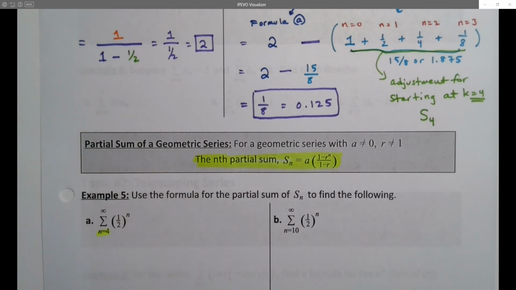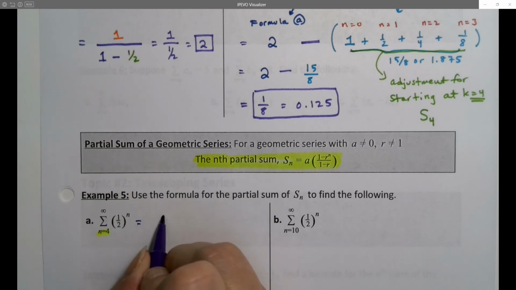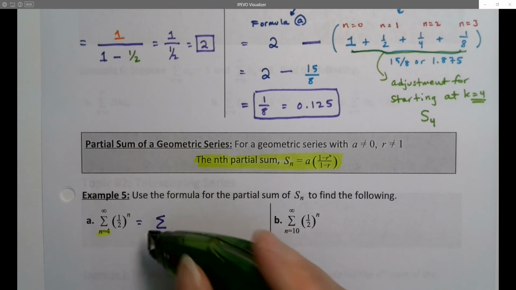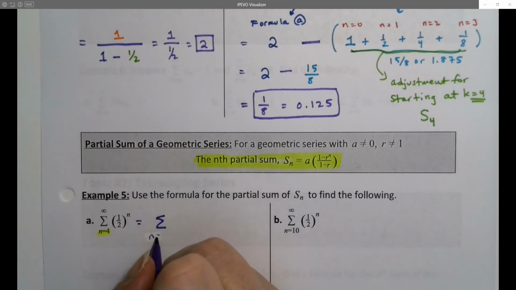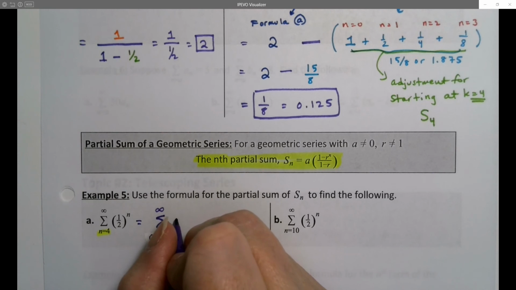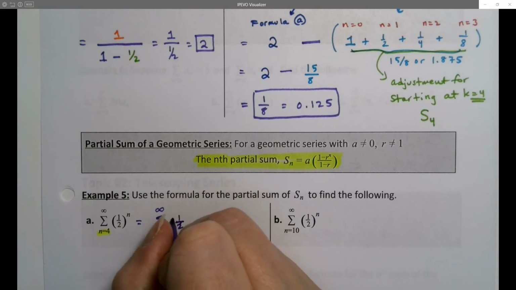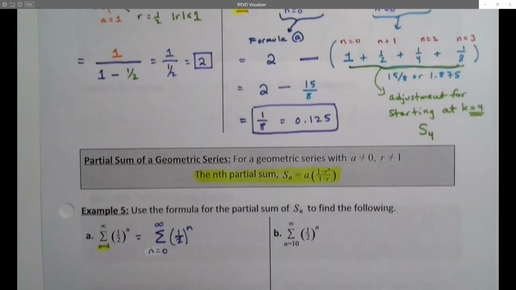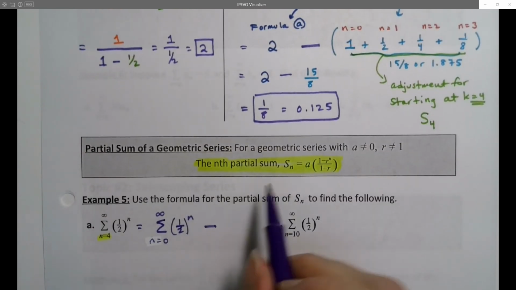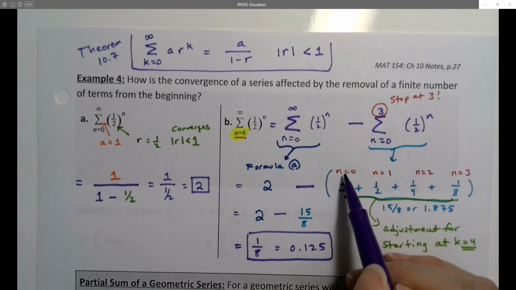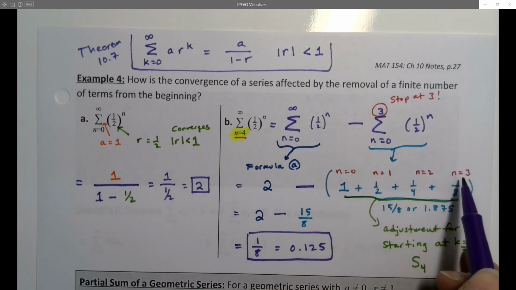So if we take this and we say, okay, well, that's the full series. Oops, sorry, n or k, it doesn't matter. So if I say n equals 0 to infinity, and I say a half to the n, right, that's the full one. That'll be the 2 right here. But then I subtract away, instead of writing this out like this, suppose I say that's the 1st, 2nd, 3rd, 4th partial sum.